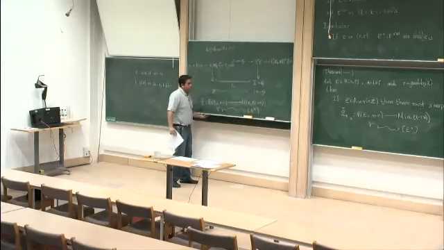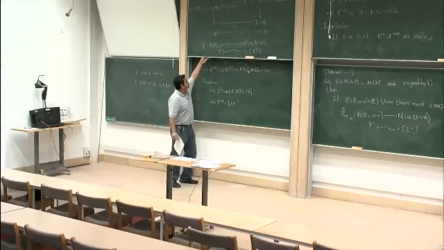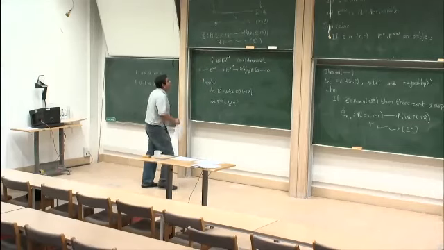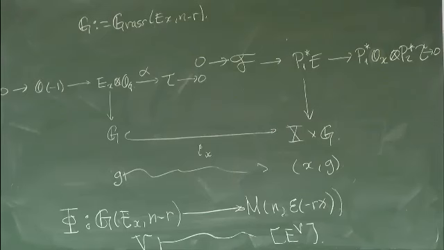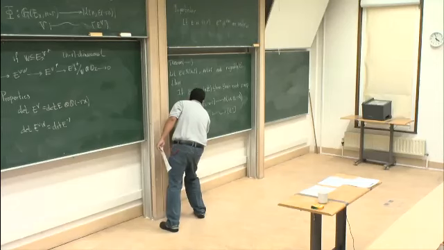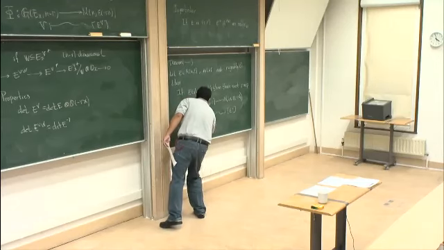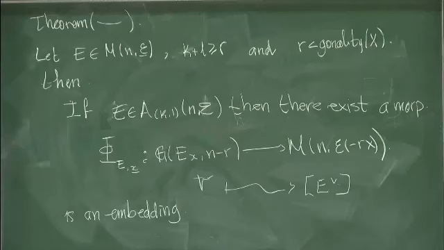Then this is the way I construct the morphism, but now how can I prove that this morphism is in fact an embedding? Then I need to prove that this morphism is injective and its differential is injective too.